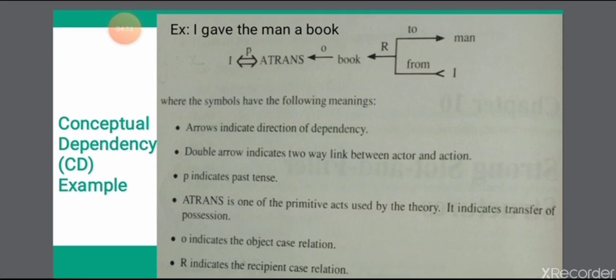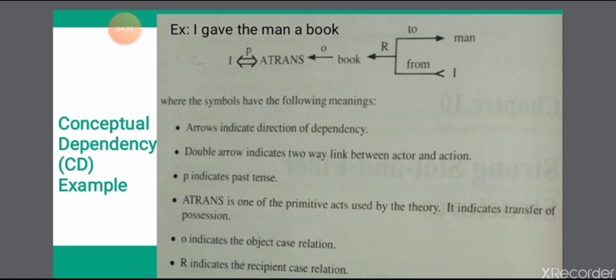The sentence written here is: I gave the man a book. See how it is represented in this diagram. This is how we represented the above sentence, I gave the man a book, with the help of this conceptual dependency structure.